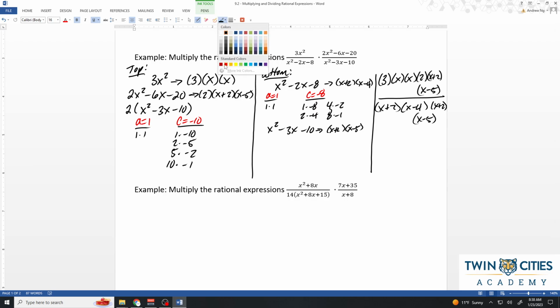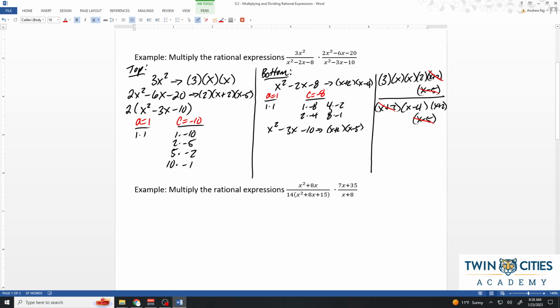What I'm going to do is start dividing things out. I've got an x plus 2 on top and an x plus 2 on the bottom. I've got an x minus 5 on top and an x minus 5 on the bottom.